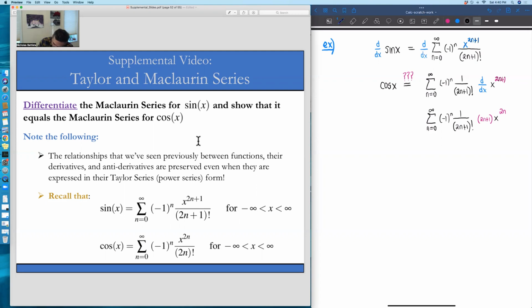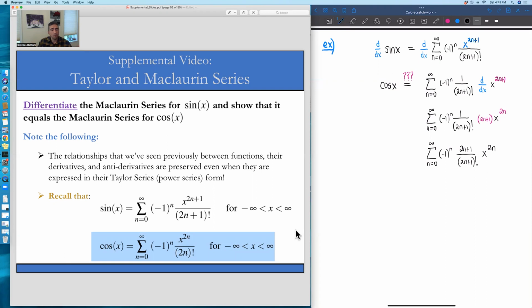All right. Now let's see what we have on this right-hand side. We have this minus 1 to the n. We have a factor of 2n plus 1, which we can just write upstairs in that fraction. And down below, we have a 2n plus 1 factorial. And that's all times x to the 2n. And again, what we're hoping to show is that this series is actually equal to what we have for cosine.